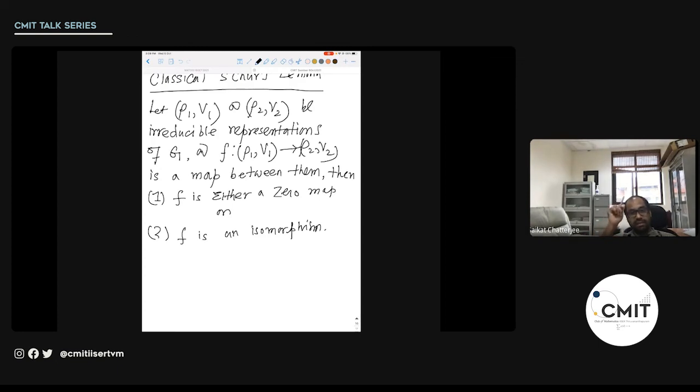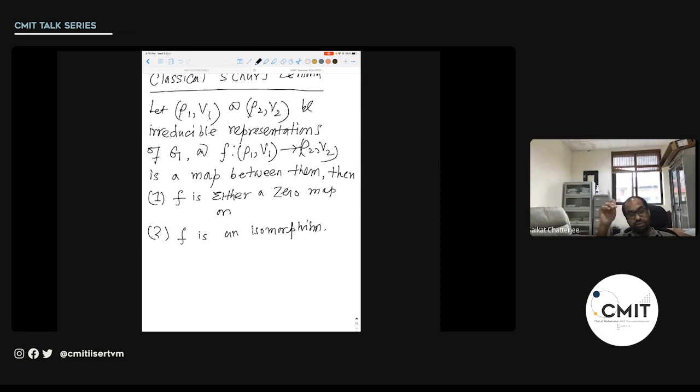I take an automorphism of a fixed representation. That means I want to find an arrow from rho comma v to itself. Then if rho comma v is irreducible, then this has to be a scalar multiple of the identity at v.